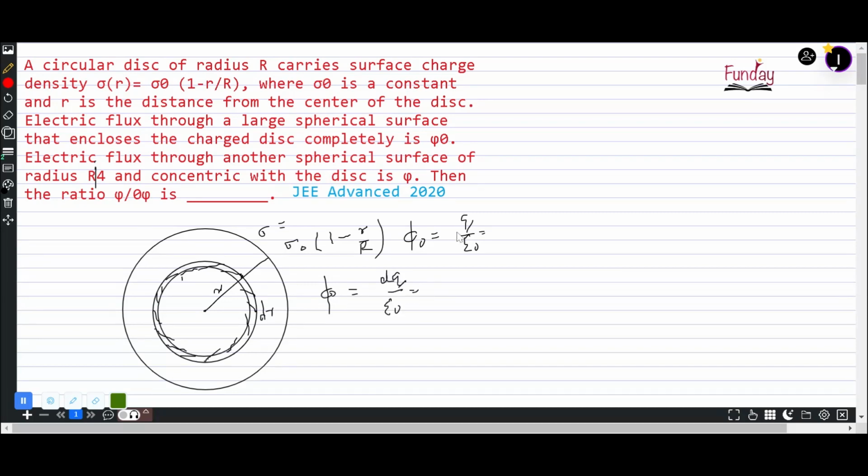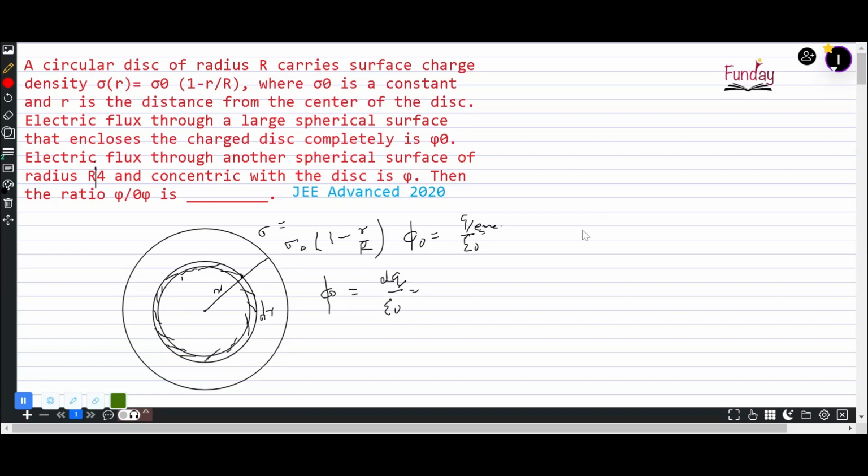This also is actually q enclosed over epsilon 0. So q enclosed will be q enclosed in the whole circular disk from 0 to R radius. While in case of phi, it will be circular disk with a radius of R by 4. Because a sphere having radius R by 4 will accommodate only 1/4 radius of the circle because the biggest diameter of the sphere would be diameter of the circular ring, right?